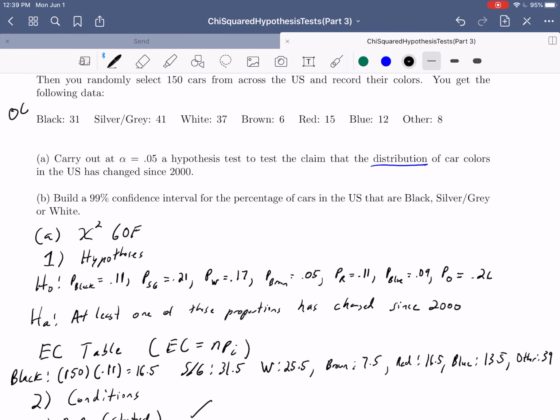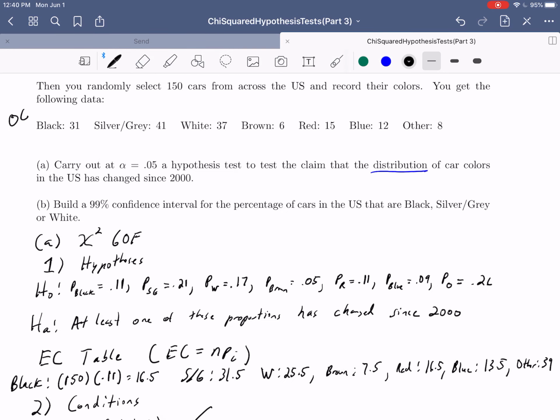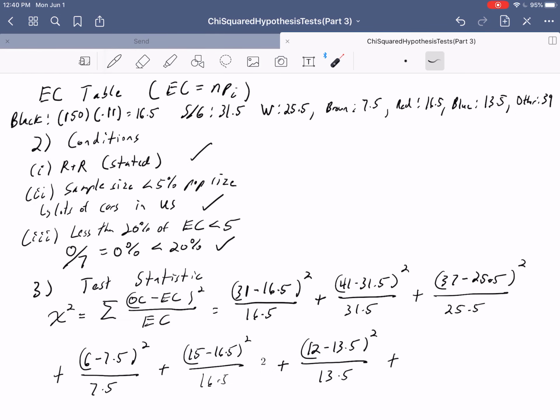Plus, then we observed 12 blue versus an expectation of 13.5. 12 minus 13.5 squared over 13.5. Finally, plus the last one, we observed 8 other colored vehicles versus an expectation of 39. So 8 minus 39 squared divided by 39. So there we go. Because we had 7 categories here, we have 7 components to our test statistic.